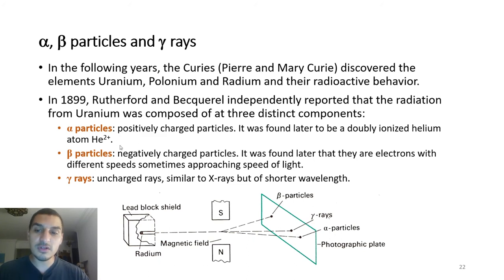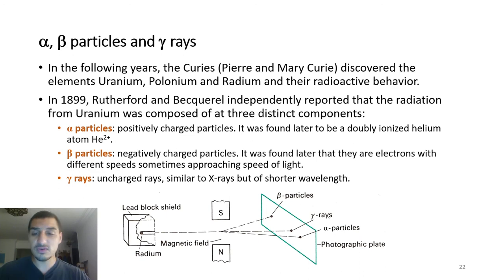They are a very important breakthrough in this field of science, and were used a lot to explore the components of the atom. Alpha particles were found to be helium after losing two electrons.